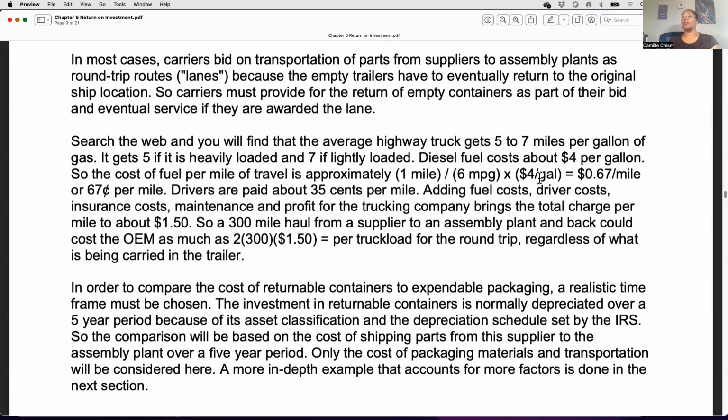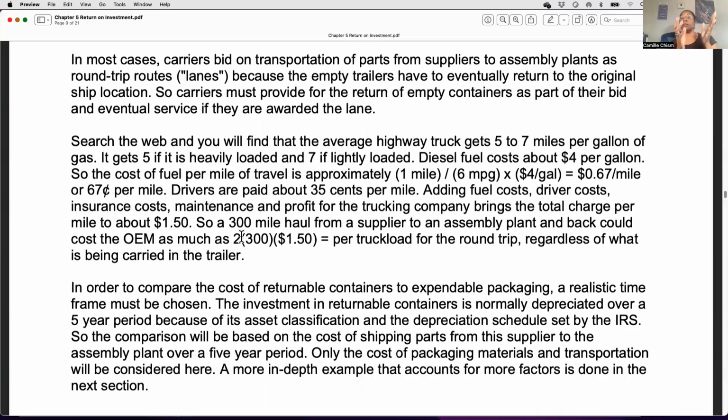So you can have 300 miles, let's say, that the driver's driving between the supplier plant and the OEM, and then they come back. You're looking at 300 miles times 2, because it's a round trip. So they're going 300 miles in with the parts, 300 miles back with the empties.